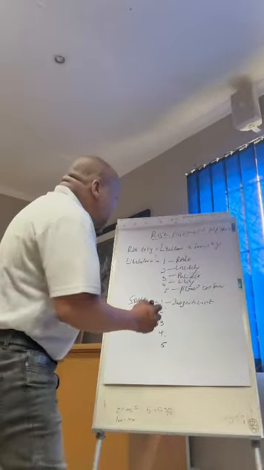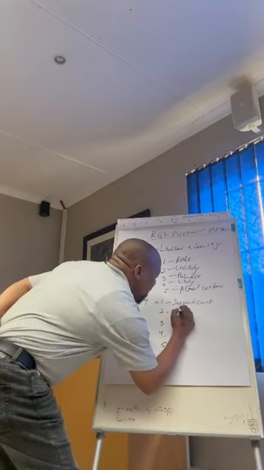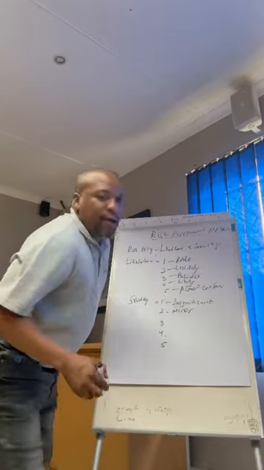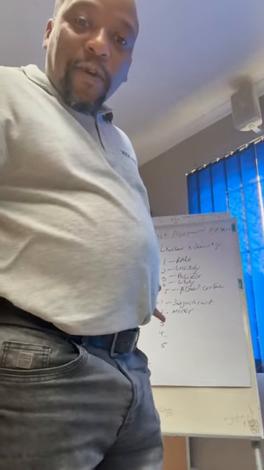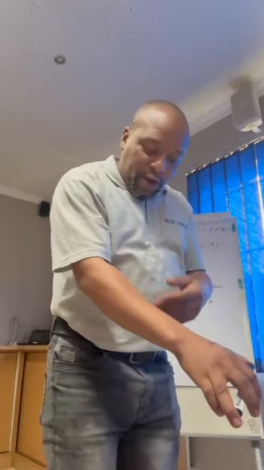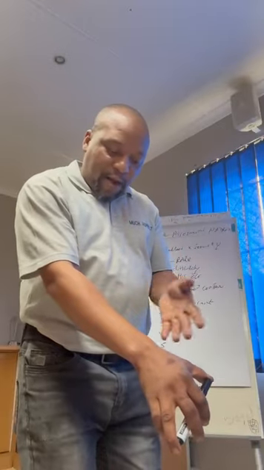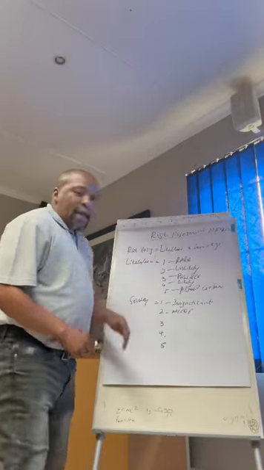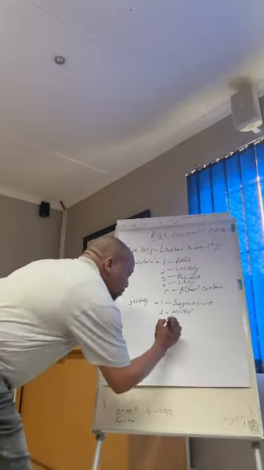And then we'll have number 2 as minor. And minor will be first aid treatment only. Maybe I've got a scratch, I've got a bruise, and I've got some blood coming out. They wipe me, they put some first aid. But a first aider can treat me. So that severity is minor. Goes to number 3, which is moderate.